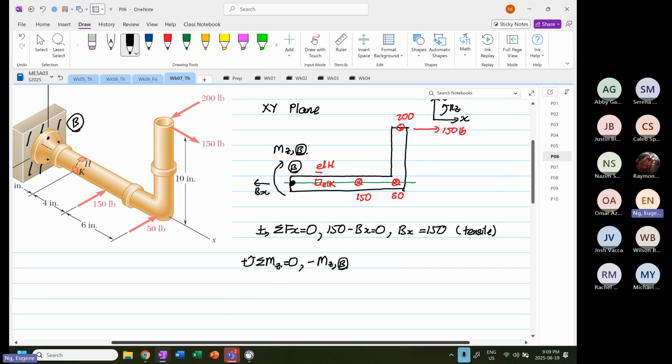The 150 multiplied by the perpendicular distance is also going to be negative, minus 150 multiplied by a distance of 8 is equal to 0. So we know that moment Z at point B is equal to 150. Is it 8 or 10? Sorry, multiplied by 10.